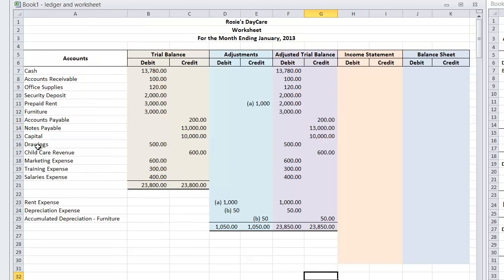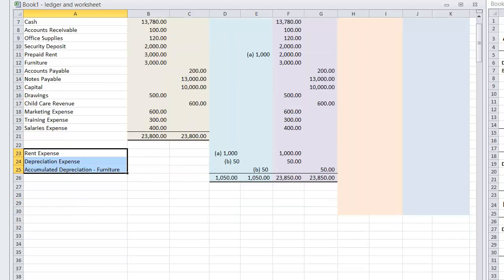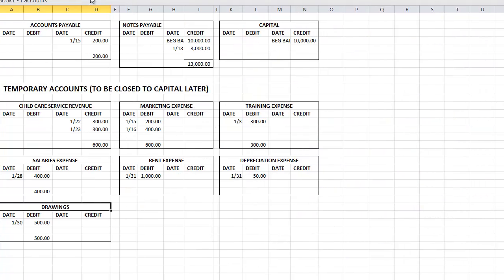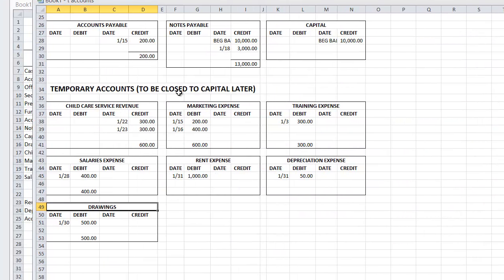So as you can see here, we have things that are expenses and revenue that are what we call temporary accounts. And temporary accounts, as we mentioned before, are these accounts that must be closed to capital because these accounts only live for one accounting period.